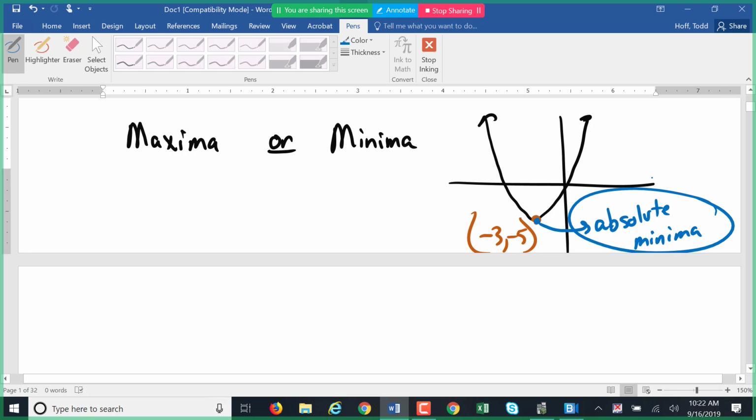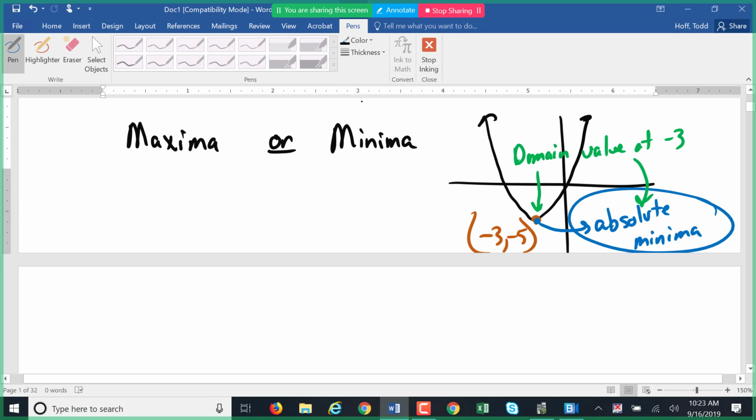That is the smallest value of the range of that function. So for the domain value of -3, we get the absolute minimum value, minima, of the range, in this case of -5.